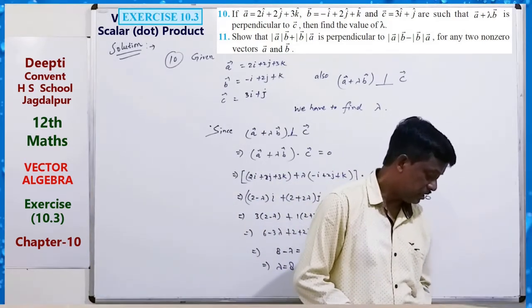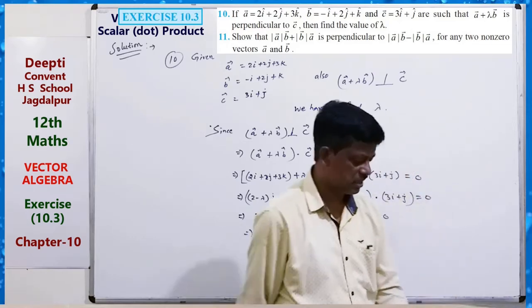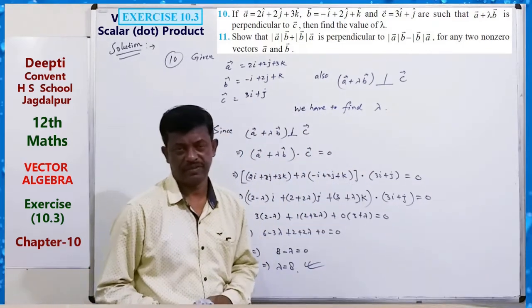Question 11: show that this vector is perpendicular to this for any two non-zero vectors. Question 11 is the same, very simple, just multiply these two vectors.